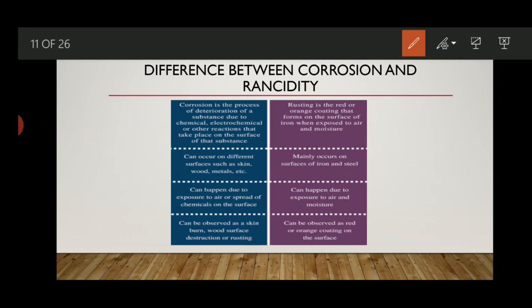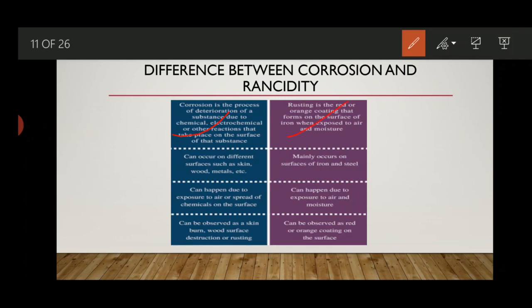See, what is corrosion? Corrosion is the process of deterioration of a substance due to chemical, electrochemical or other reactions that take place on the surface of that substance. Rusting is the red or orange coating that forms on the surface of iron when exposed to air and moisture.